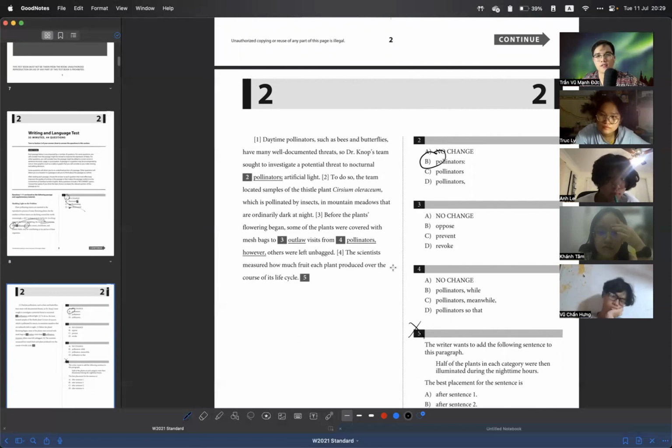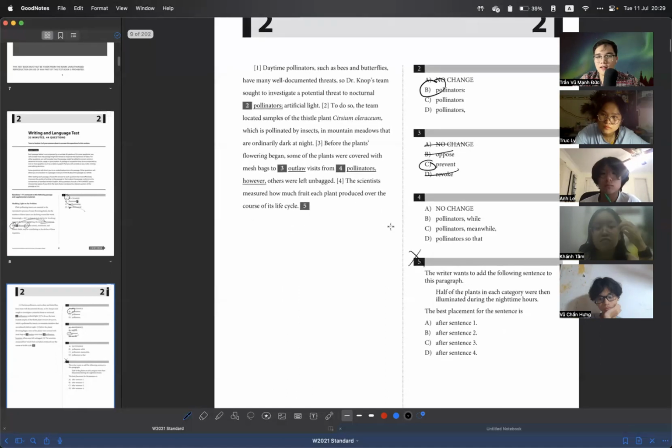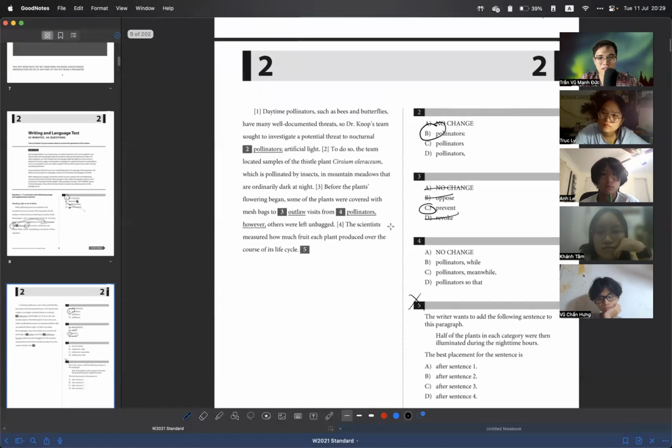So outlaw is obviously wrong, because how can you outlaw visitors, right? Before the plants flowering began, some of the plants were covered with mesh bags to exactly prevent visitors. Revoke, oppose, and outlaw are very, very wrong at first glance.